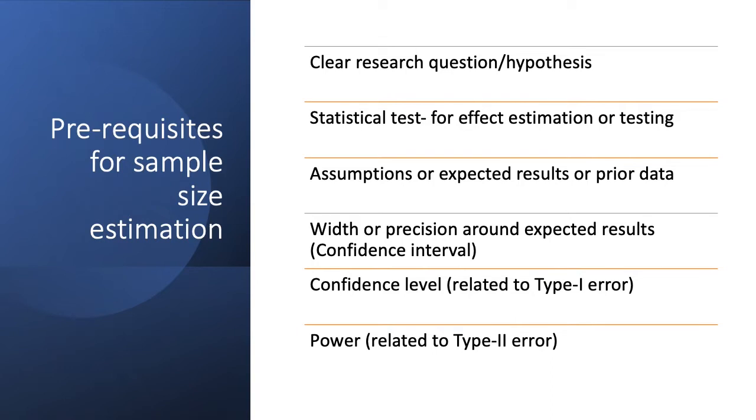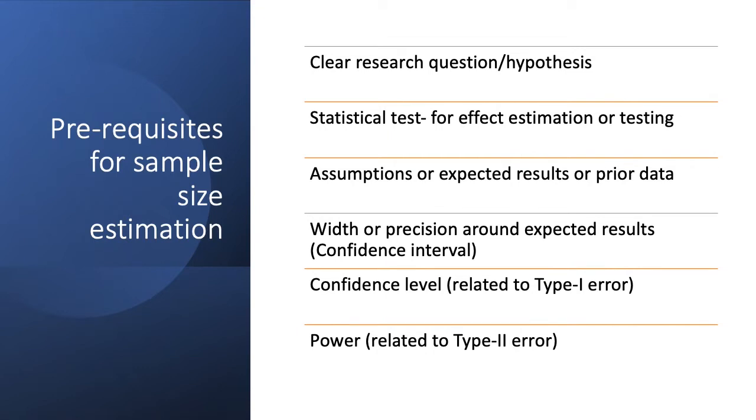We also need to specify how precise we want to be about our results and how much variation in our results is acceptable to us. Now we want to be sure that our estimate with its surrounding interval should include the true estimate most of the time. We need to fix the level of confidence for the same.